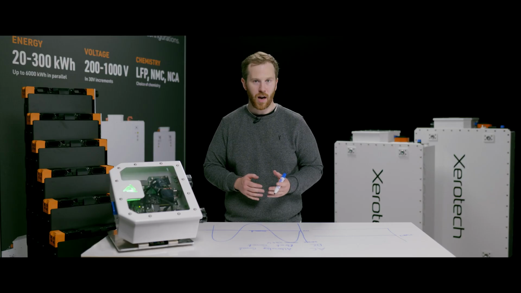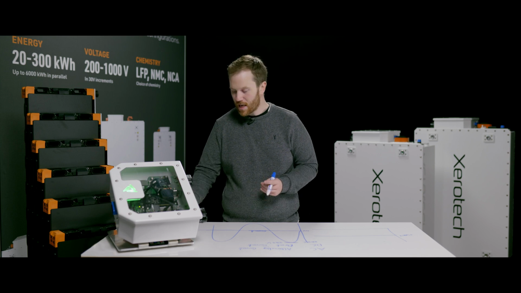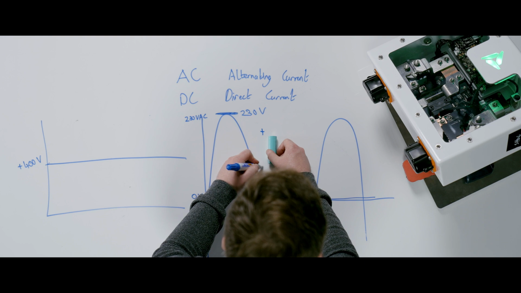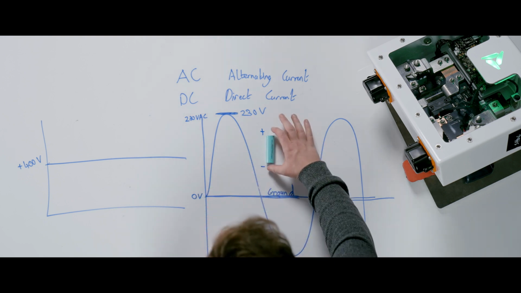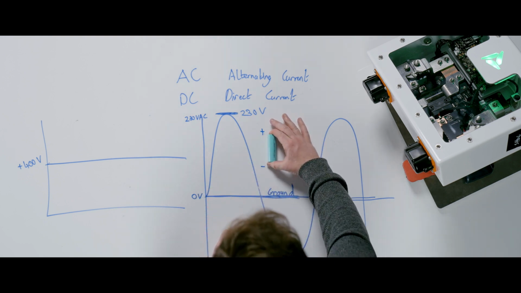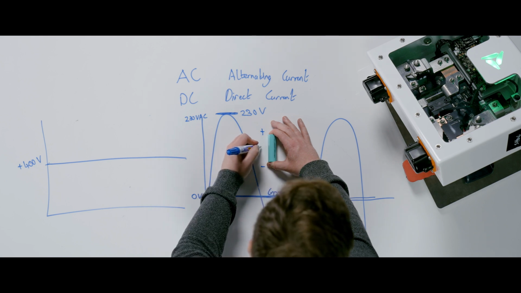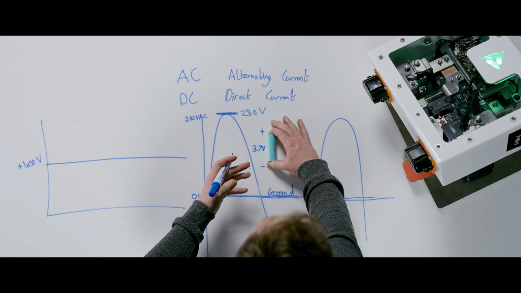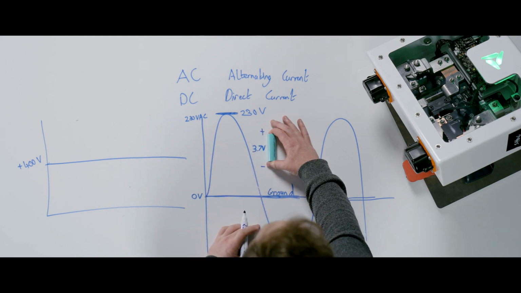When it comes to DC systems, most batteries are not grounded. This would be quite uncommon. You've probably seen in many cases that a battery cell has a plus and a minus. So right now, I'm completing the circuit on this battery cell. I'm experiencing a voltage of 3.7 volts here. I'm not being electrocuted, but there is current flowing through my hand right now.